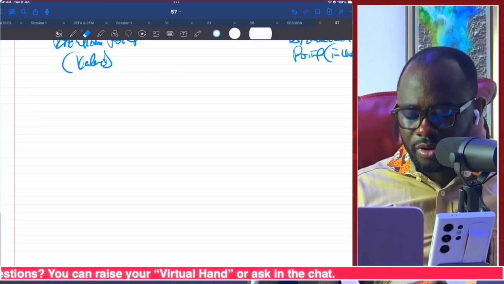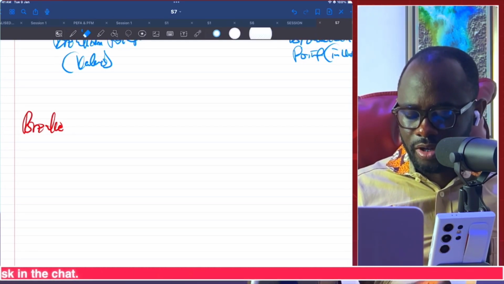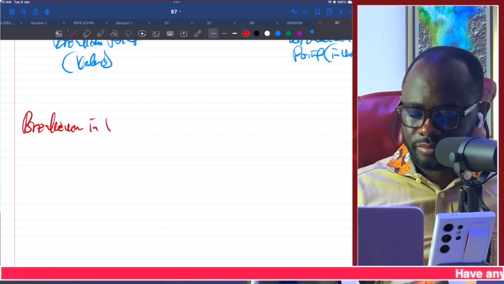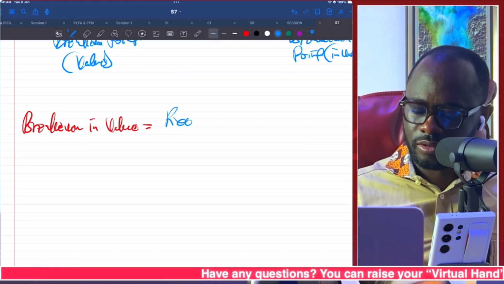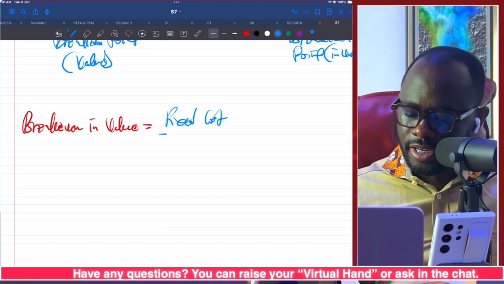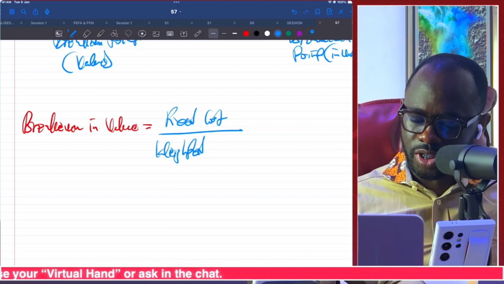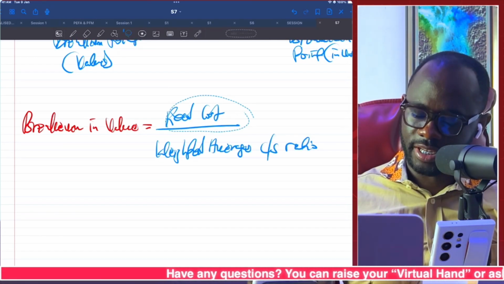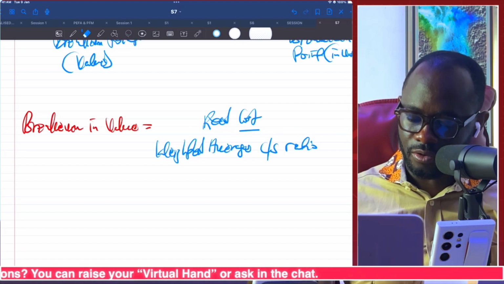In a multiple product environment, the break-even point in value is your fixed cost divided by the weighted average contribution to sales ratio, the weighted average CS ratio.